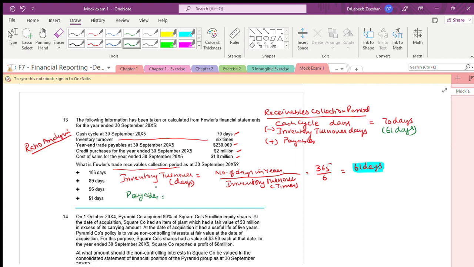Fine. Next, payables. How much are the payables? 230. Is it the year-end payables?